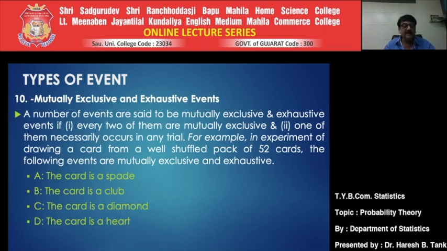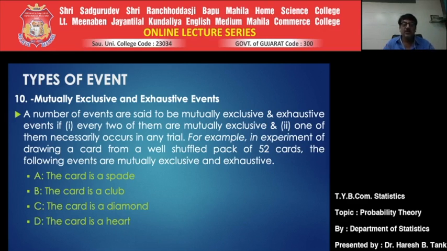If that card is a spade, naturally, while getting a spade card, you simply discard the possibility of getting a club, diamond or heart, meaning non-spade cards. Second, if you combine all of these, spade and non-spade, it gives you the totality. That means they are exhaustive.